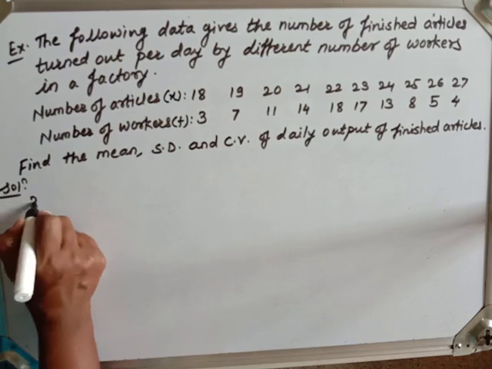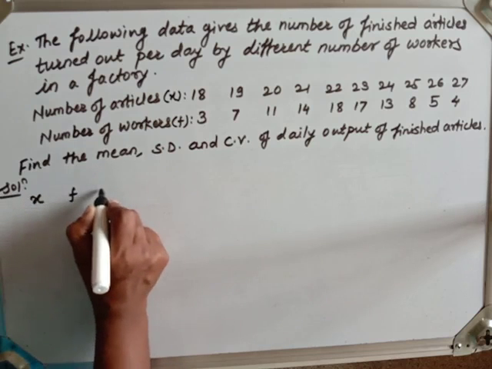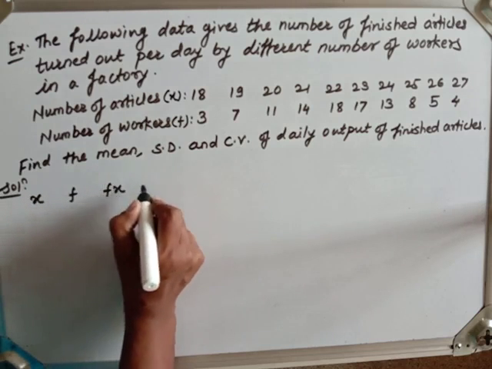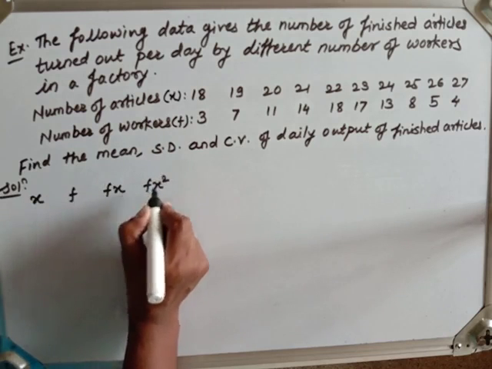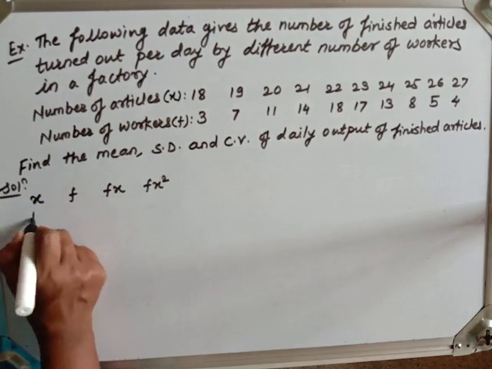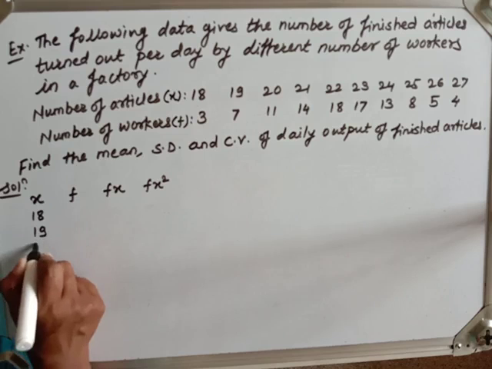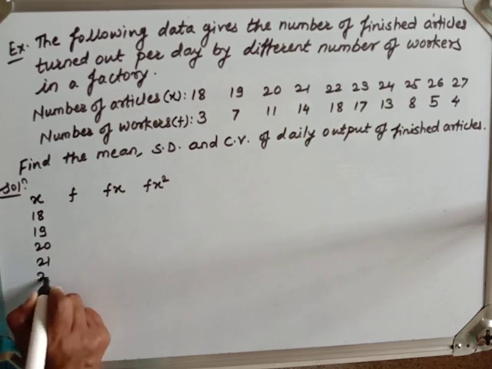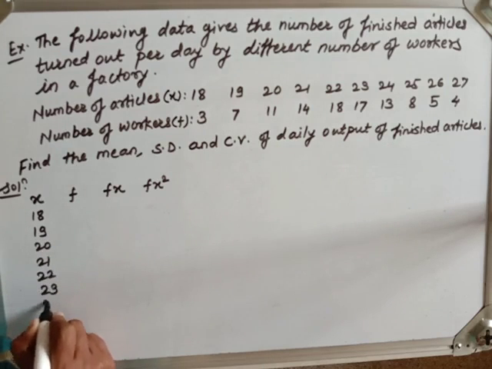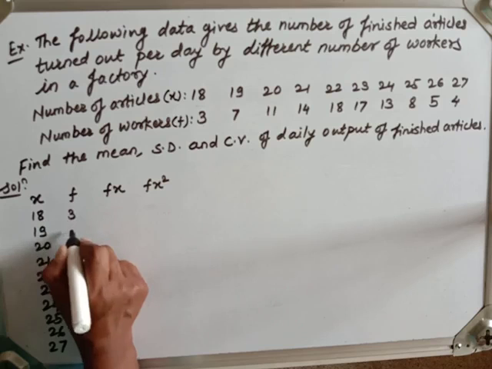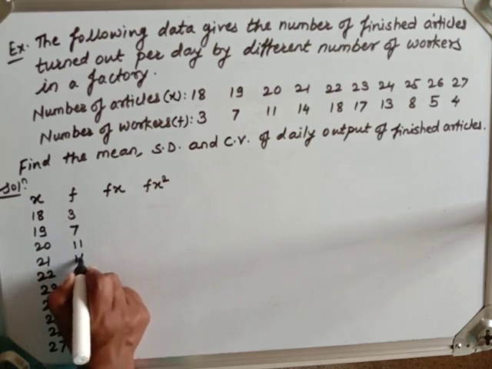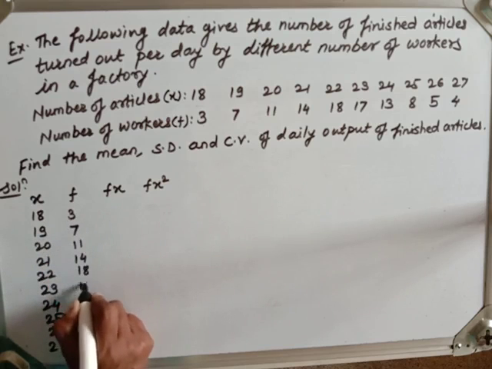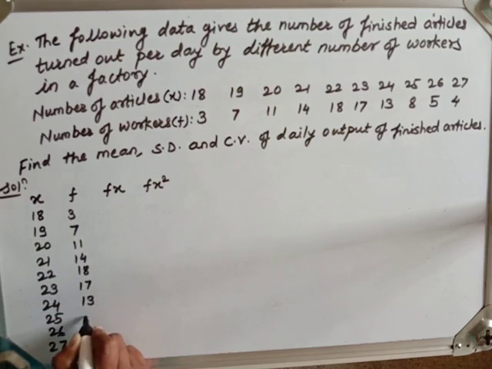Let me write here x, f, we need fx, and also we need fx square for the standard deviation. So the xi's are 18, 19, 20, 21, 22, 23, 24, 25, 26 and 27, and the frequencies 3, 7, 11, 14, 18, 17, 13, 8, 5, 4.